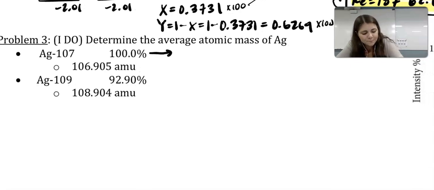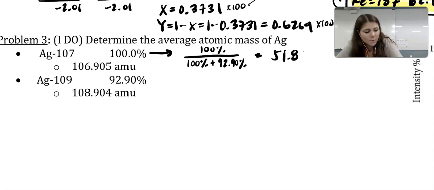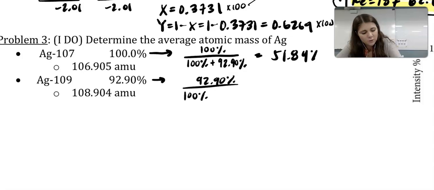So here, I'm going to take the 100% peak, and I'm going to add up the sum of the two, the total intensity. Here, I get 51.84%. Next, I'm going to take my 92.90 divided by the total of those intensity peaks, and I get 48.16%.